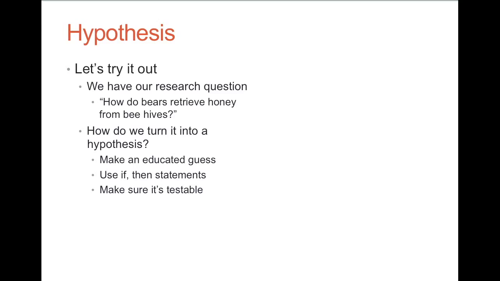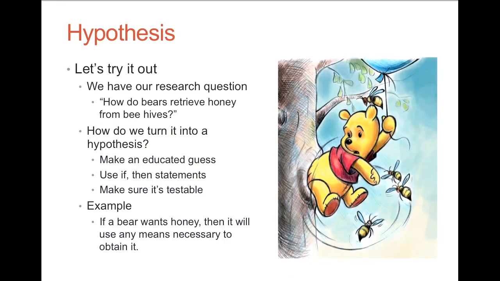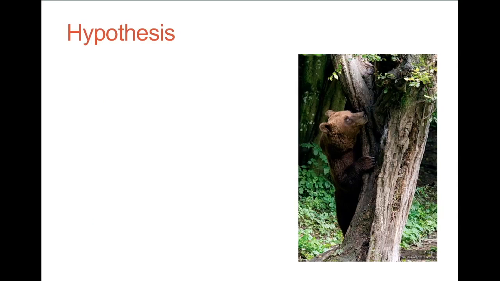So, an example would be if a bear wants honey, then it will use any means necessary to obtain it. This meets all the qualifications, but I still wouldn't call this a really good example. So we're going to refine this a little bit.